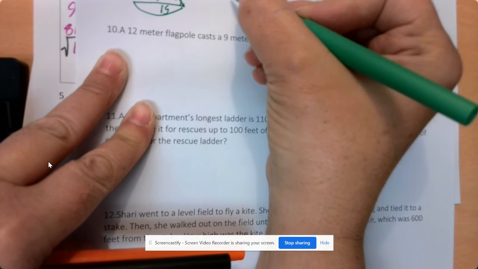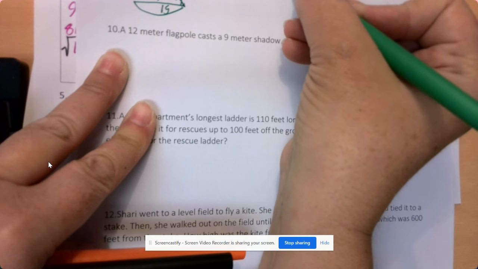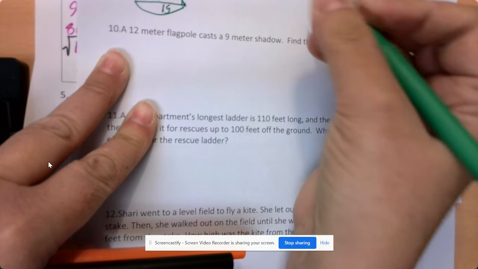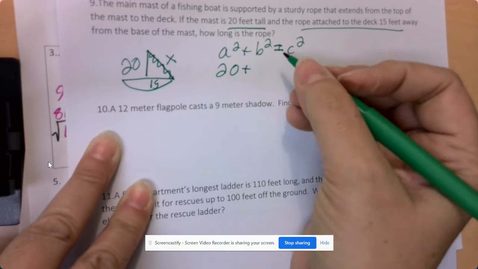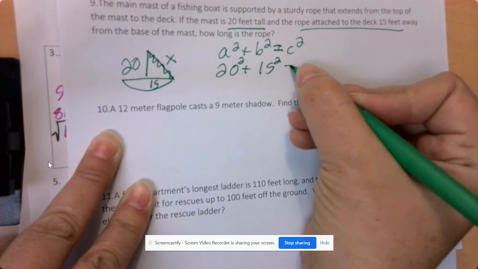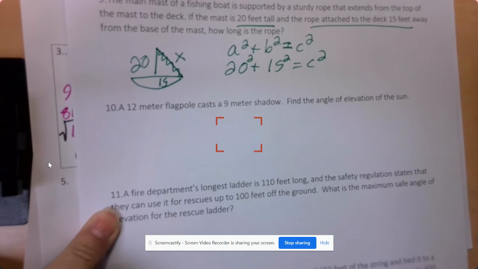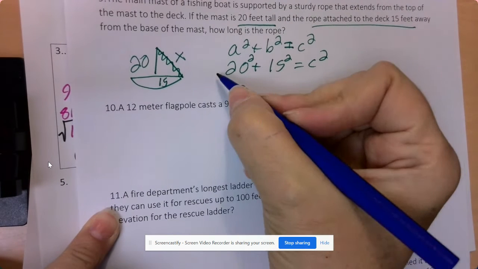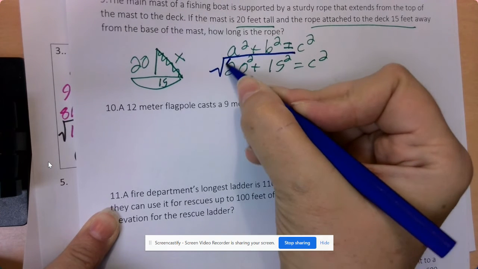So we're going to use the Pythagorean theorem. We have two sides and we're looking for a third side of a right triangle. So 20 squared plus 15 squared is going to be equal to c squared. Everybody can do it step by step, or you can definitely also just take the square root like this and put it all in the calculator.